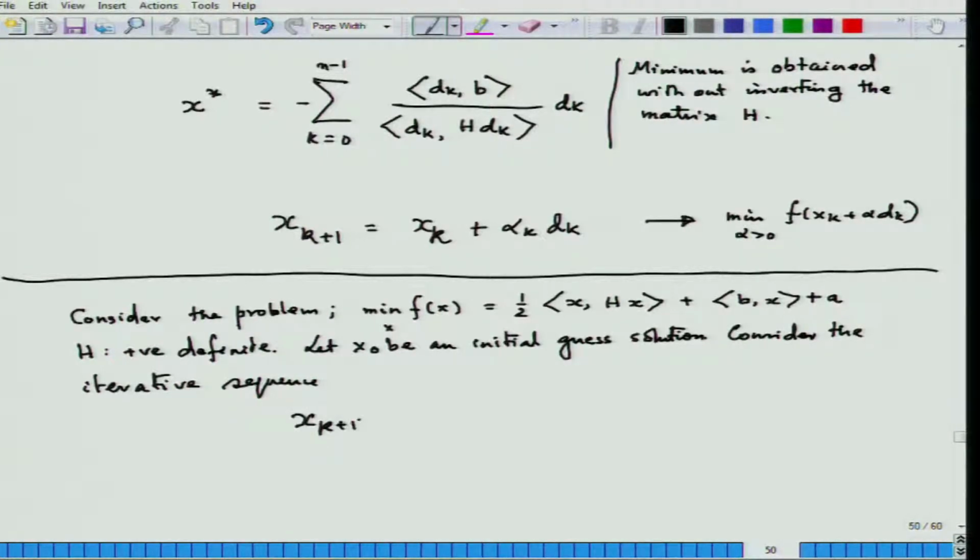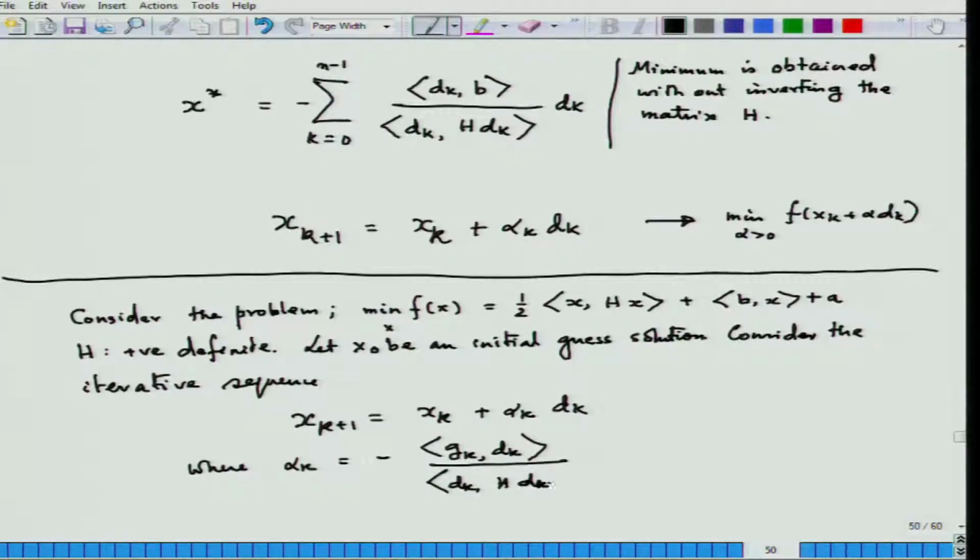X k plus 1 is equal to x k plus alpha k d k, where alpha k is equal to minus g k d k over d k H d k.